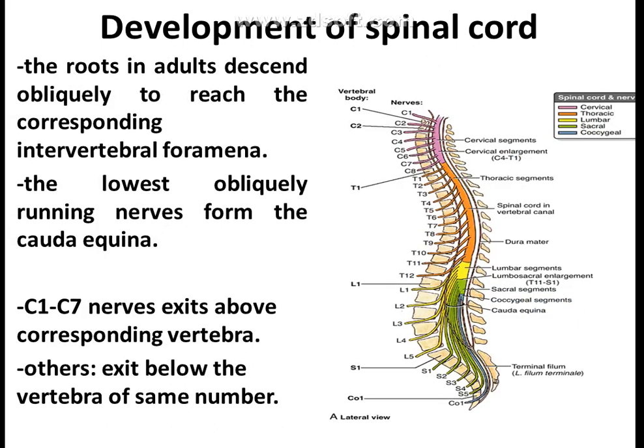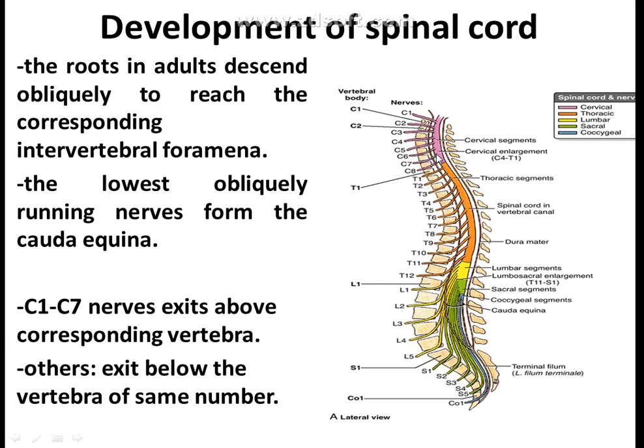And that's why, due to this descent of the level of the vertebrae and ascent of the level of the segments of the spinal cord, you will find that the upper segments of the spinal cord are nearly near the vertebra of the same number. And so you can say that the spinal nerves of the upper segments pass laterally to reach the intervertebral foramina of the same number.